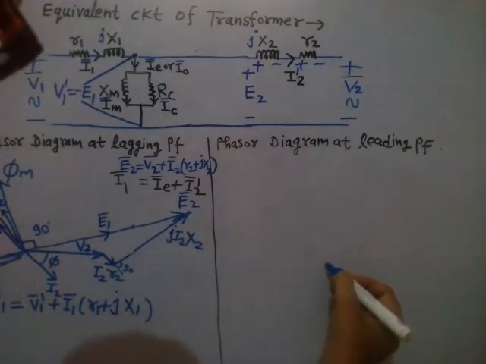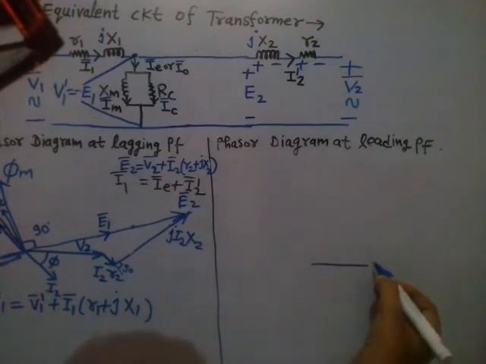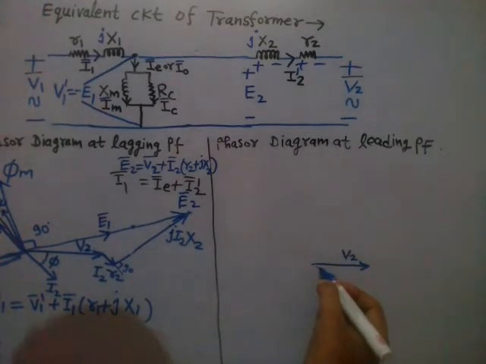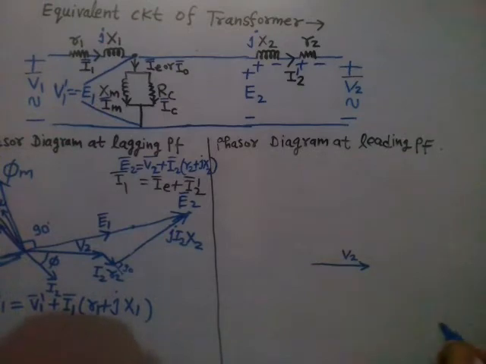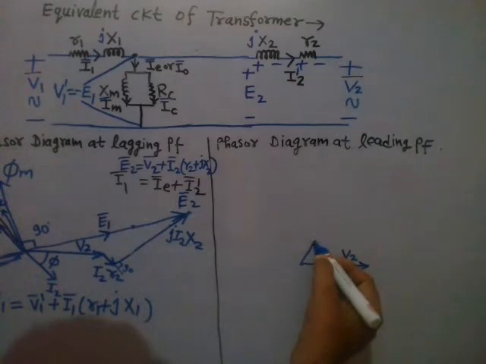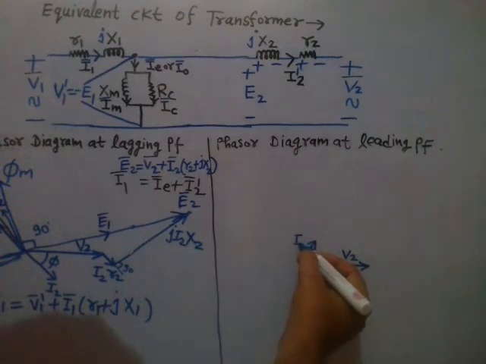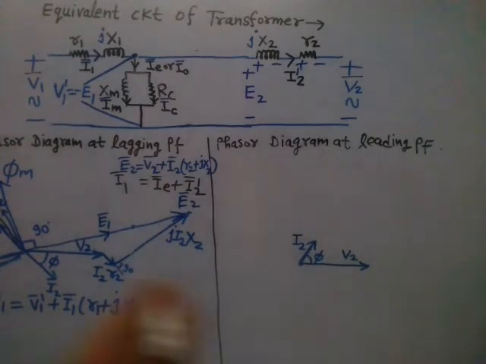First of all, draw V2, that is the reference phasor, and then draw I2, the leading current I2, because the power factor is leading, with power factor angle phi. I2 is leading voltage V2 at leading power factor.